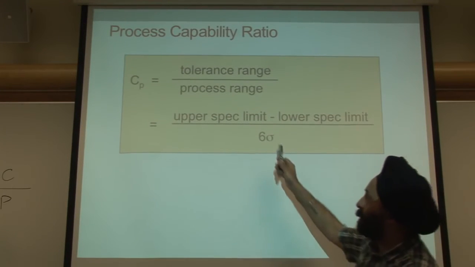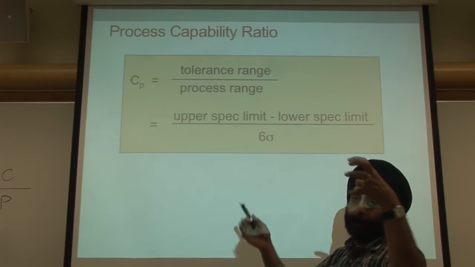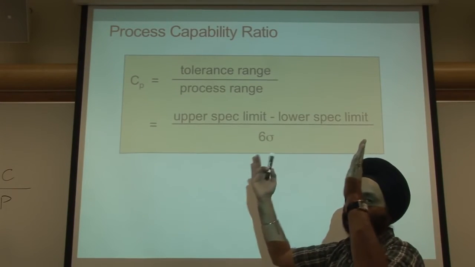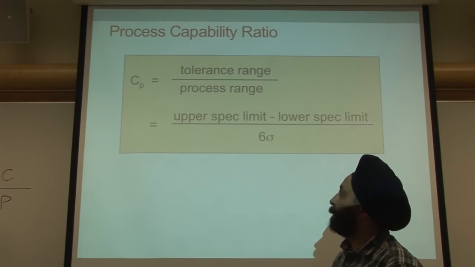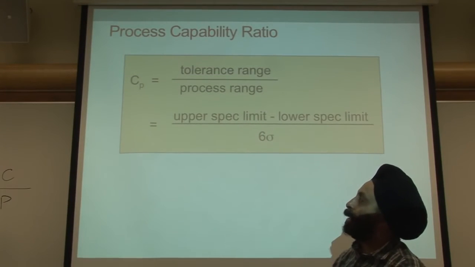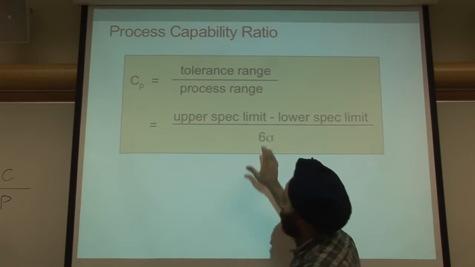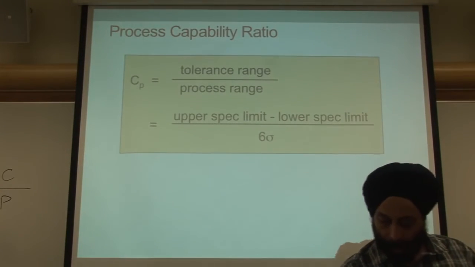As I said, it is plus or minus 3 standard deviation, which comes out to be the difference between plus 3 standard deviation and minus 3 standard deviation, which is total of 6 sigma. And on the numerator you have the upper specification minus lower specification limit.